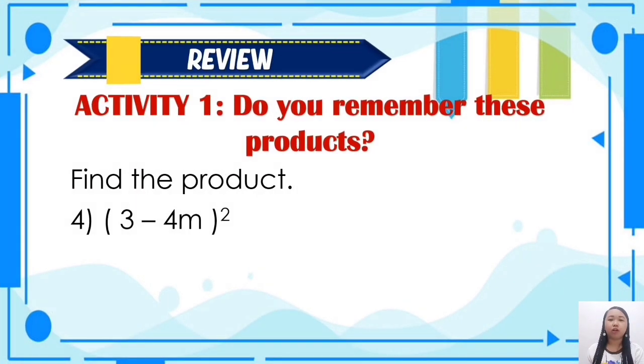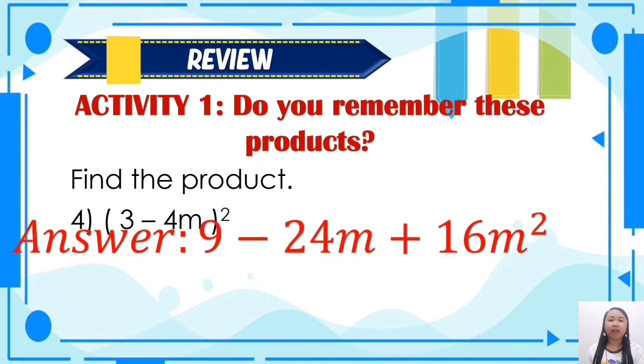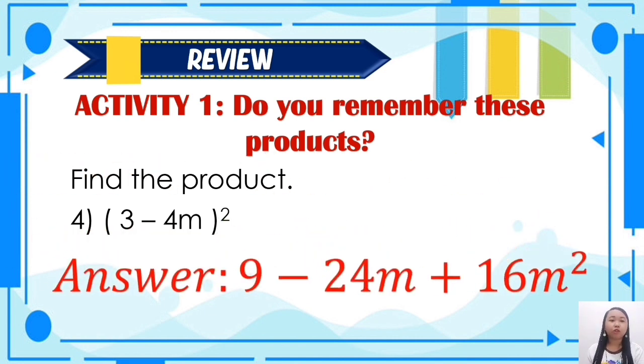Next, number 4. Find the product of the square of 3 minus 4m. The answer is 9 minus 24m plus 16m squared. In this case, just apply the square of binomial.